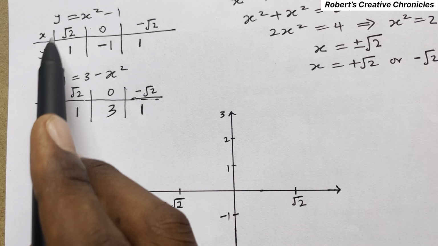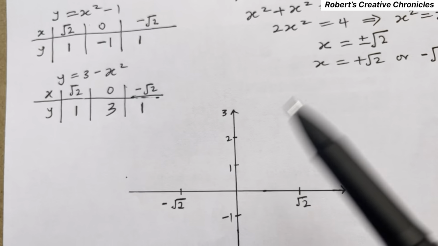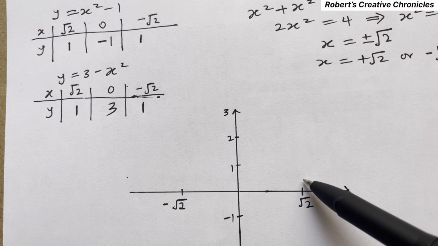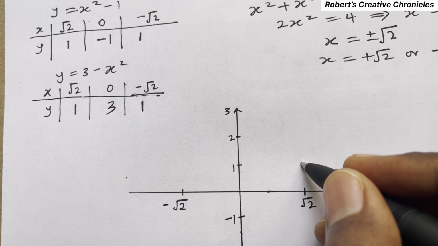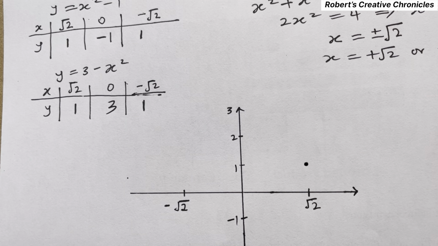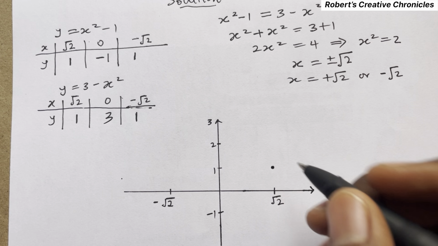So we can draw the first curve from this. This is root 2 and 1. So this is root 2 here and 1. This is the first point.